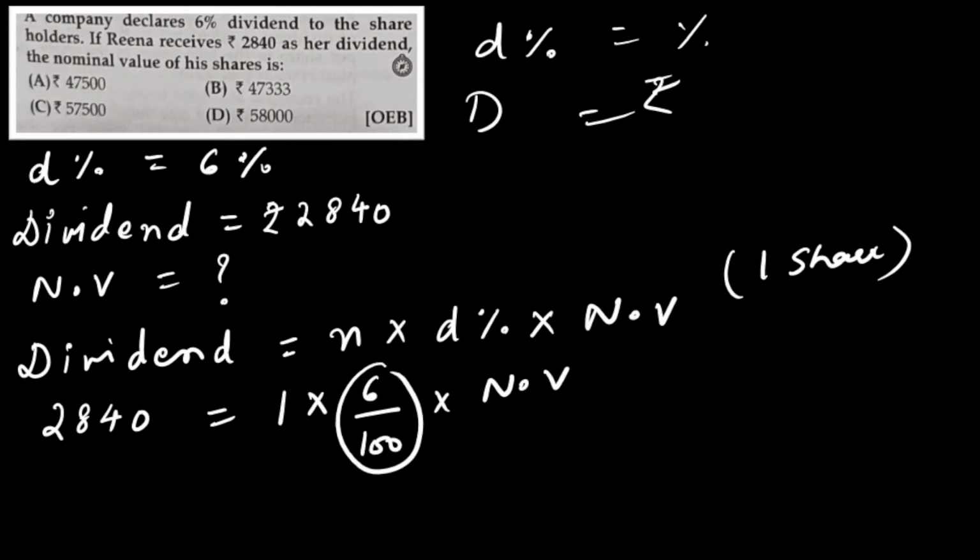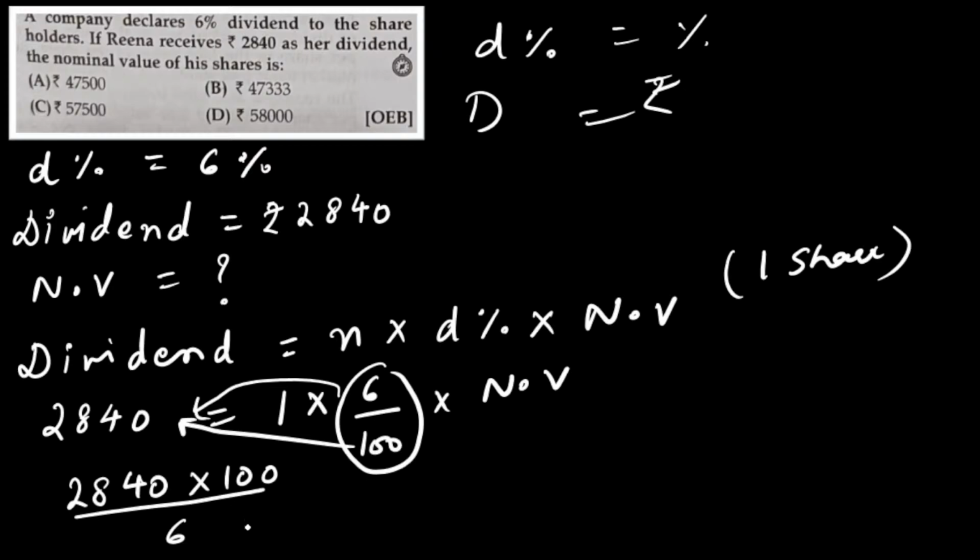So these things will shift to other side. If we multiply anything with 1, 1 is the answer. So it is 2840. If 100 we shift to other side, it will get multiplied. If 6 we shift to other side, it will get divided. 2840 into 100 divided by 6 is equals to nominal value. So we can do cancellation wherever it is possible.